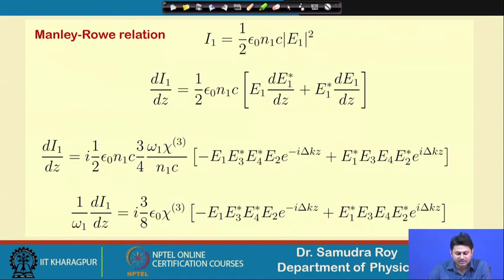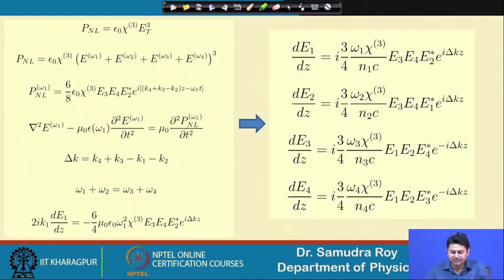This Manley-Rowe relation is nothing but some sort of energy conservation. All the 4 equations are coupled to each other. If you look carefully, they are coupled in the source term. That means the fields E1, E2, E3, E4 are evolving in such a way that there is an interrelationship between them.